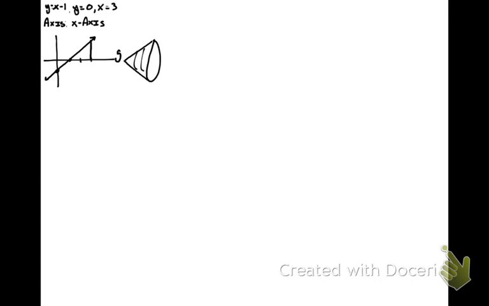Now, in this case, our axis of rotation is the x-axis, and big R, I'll do in red, is the distance from the outside of the curve to the axis, which is right here. Big R, in this case, is the distance x minus 1, and there is no little r because there's no smaller part, there's no portion coming out.